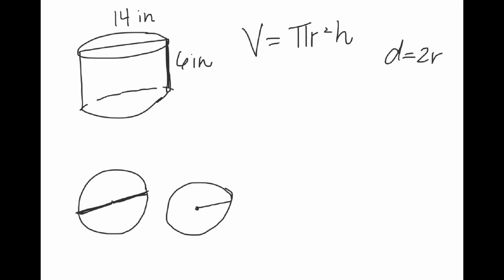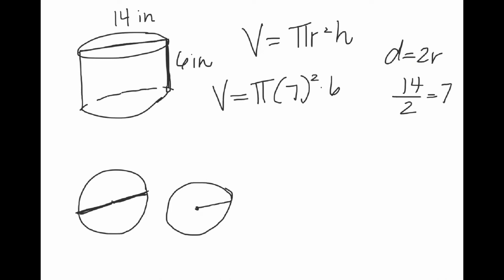So when we're given a diameter, like we are here, that's 14 inches, what we do is just divide it by 2. And that gives us 7. That's it. Now that we have 7, we can plug it in for radius, times 6. If it's difficult for you to remember that, then memorize diameter equals 2 times radius.